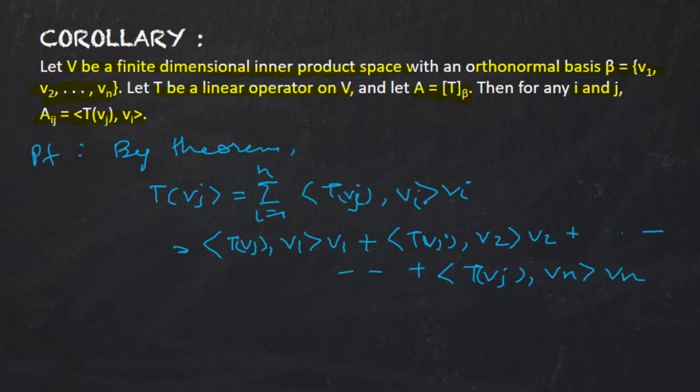So what would be the ith coefficient? The ith coefficient, Aij, is equal to the inner product of T vj with vi. That's it. So this was what was required, and hence we know the ijth entry of this matrix representation.